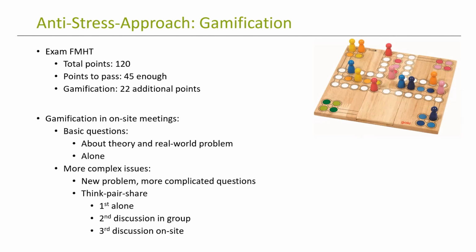With this gamification approach, you will get 22 additional points. And how to get those additional points? That's quite simple. In our on-site meetings, we will ask you some basic questions, and you have the chance to answer those questions using our Moodle space.